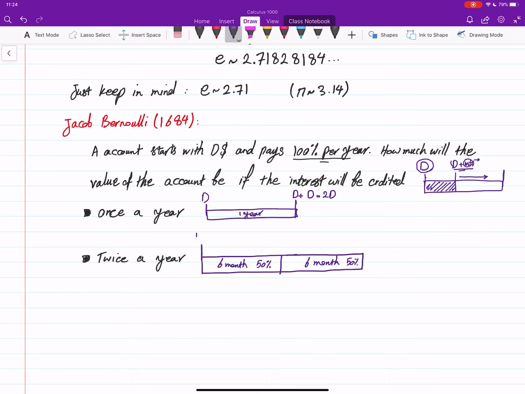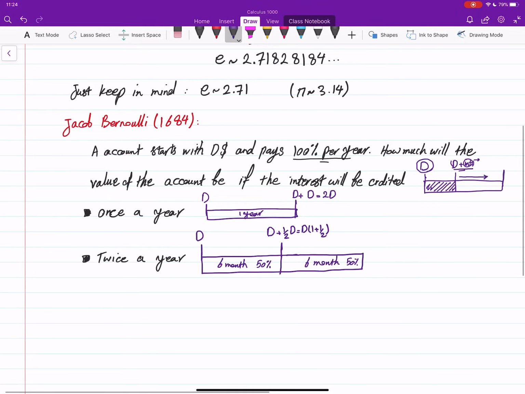That means that if we start with the initial value D, at the end of the first 6 months, we not only have the D, the initial value, but also the interest, which is half of the initial value. So at the end of the first 6 months, we have D times 1 plus half.